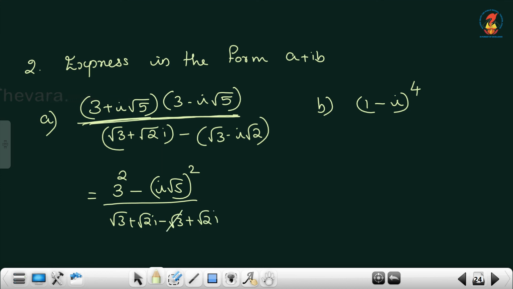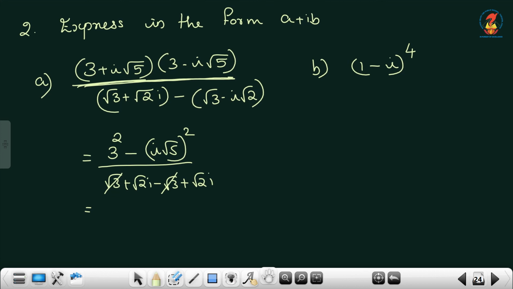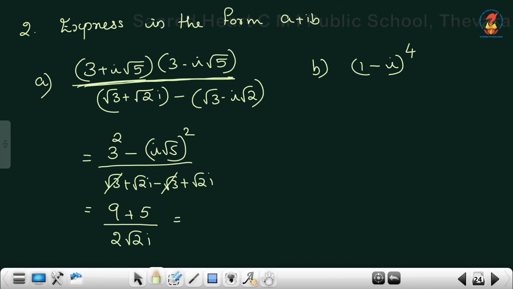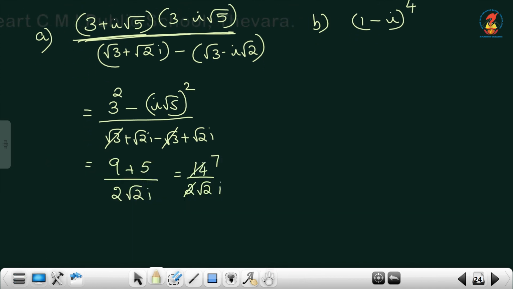That is root 2i itself, these two cancel. So numerator is 9 minus i square, which is minus 1, so plus 5 by root 2i, that is 2 times root 2i. So 14 by 2 root 2i. 14 and this cancel, 7. So 7 by root 2i.